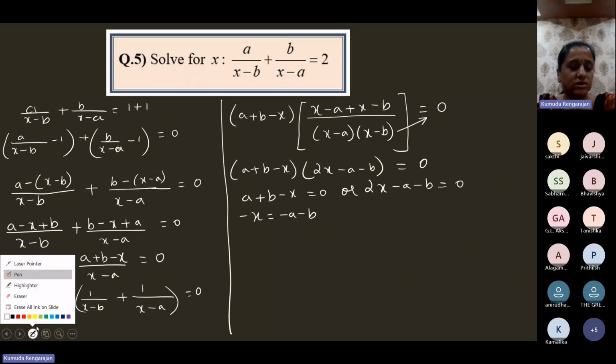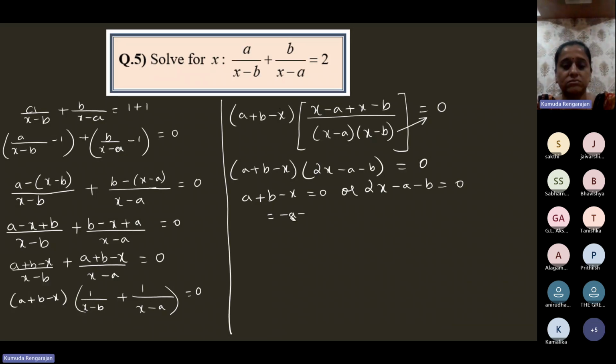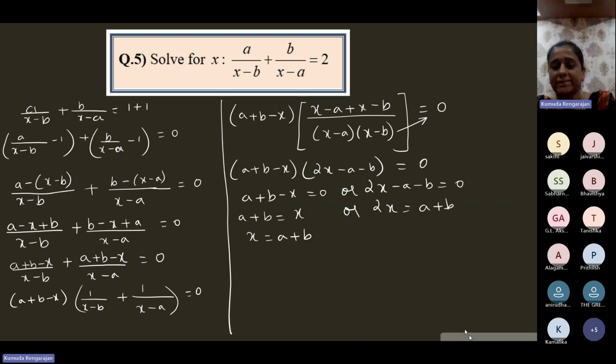Or still easier, a plus b is equal to x, because minus x on the other side becomes plus x. So x is equal to a plus b, or 2x is equal to a plus b, x is equal to a plus b by 2.